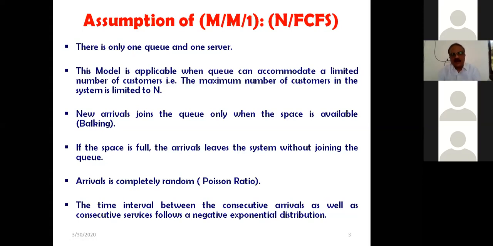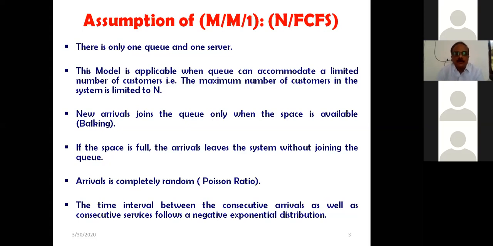Now what happens after 50? If new arrivals join the queue, they are not allowed to enter the system. And this is a special example of balking. You have seen this particular term balking, and I have explained the term balking.